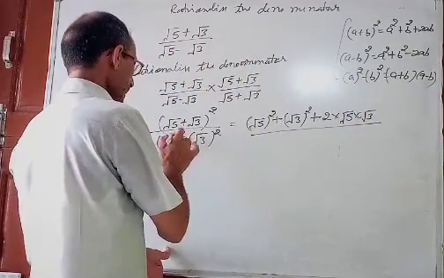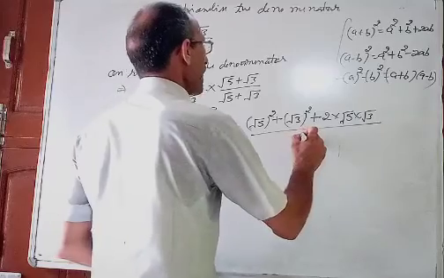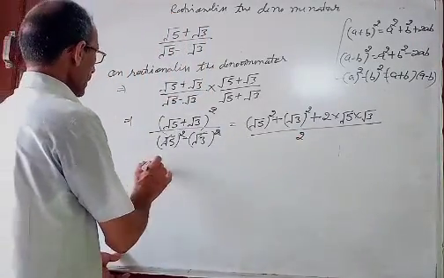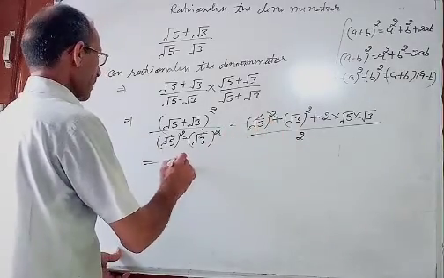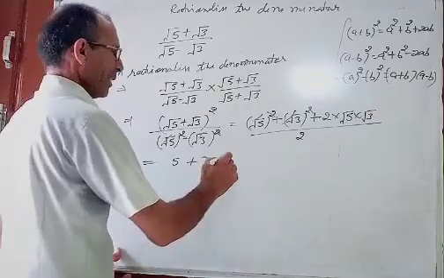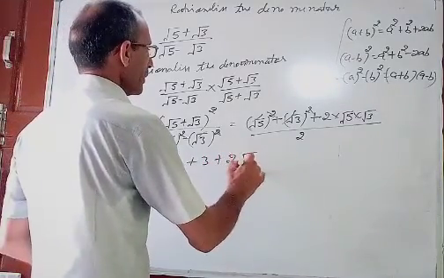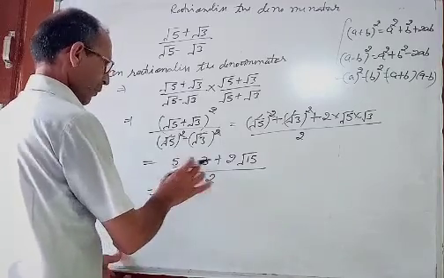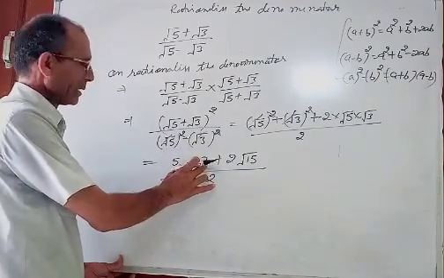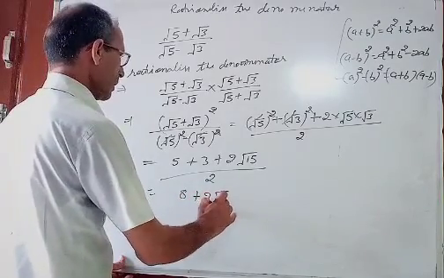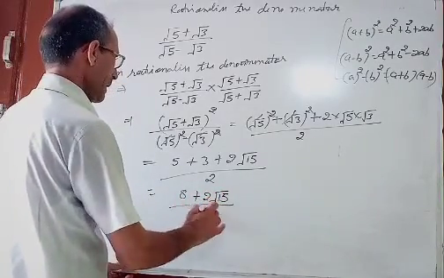The square and square root cancel. In the denominator, 5 minus 3 is 2. The numerator is 5 plus 3, which is 8, plus 2 root 15, all over 2.